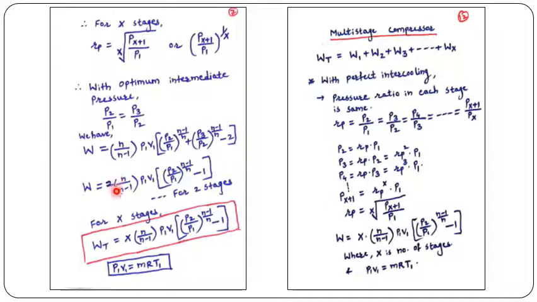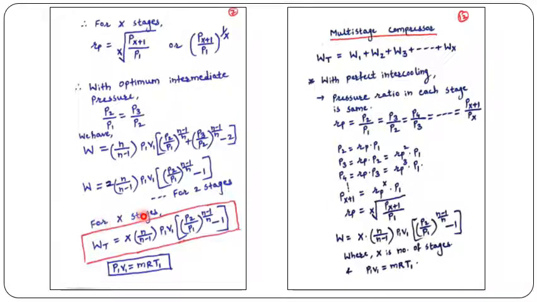So, this work which is required by one of the stages, multiplied by the number of stages, will give you the total work required when you assume that there is perfect intercooling and pressure ratios are optimum, or intermediate pressure ratio is optimum. That means it follows the condition that the pressure ratio in each of the stages is the same.